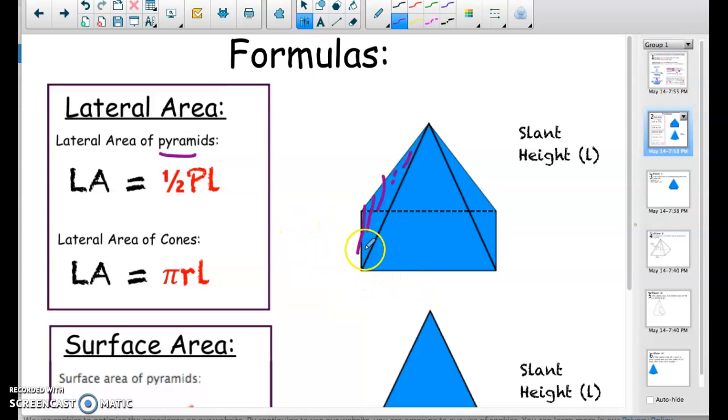Now, of course, you can just use the area of a triangle formula and then multiply it by 4 because we've got 4 sides here if you'd like. But the shorter way to do this is to do 1/2 times P, where P stands for perimeter, and L stands for our slant height.